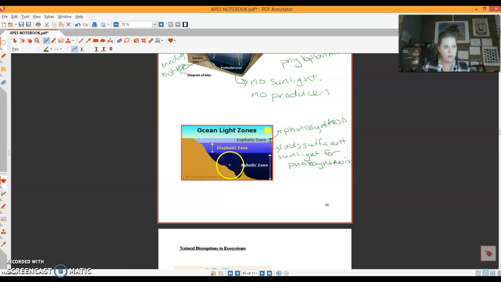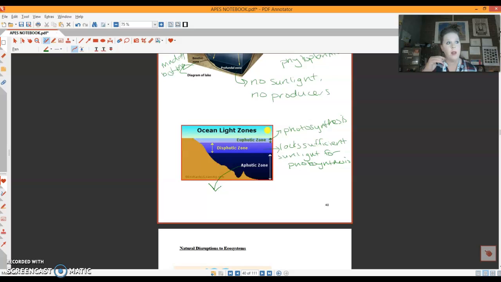Now, down here in the aphotic zone, there is nothing. This is where you have pitch black, cold water that has a lot of pressure in it. So obviously there is not going to be any photosynthesis happening here. But we do have a challenge here because there are organisms that still need those things produced from photosynthesis.